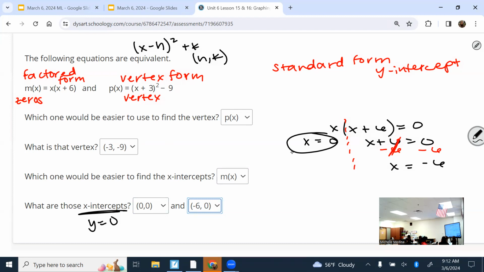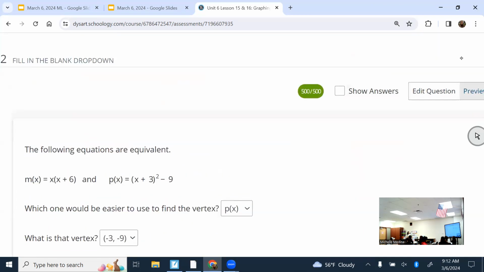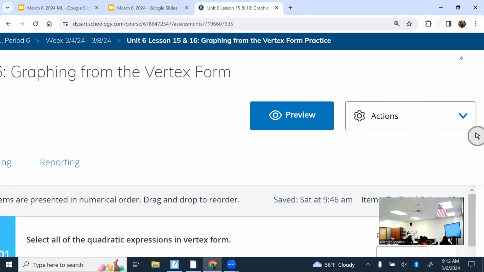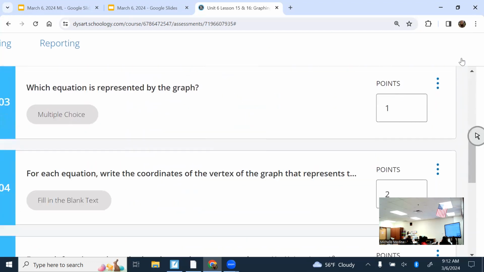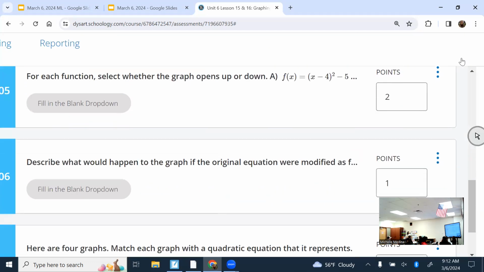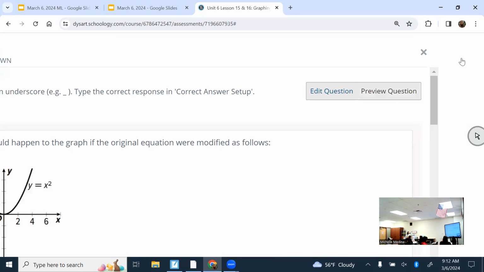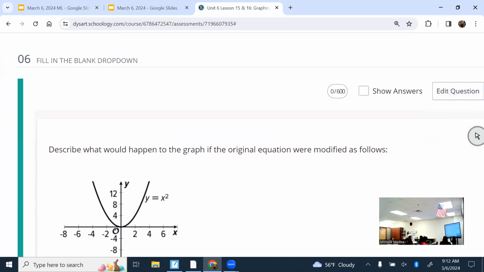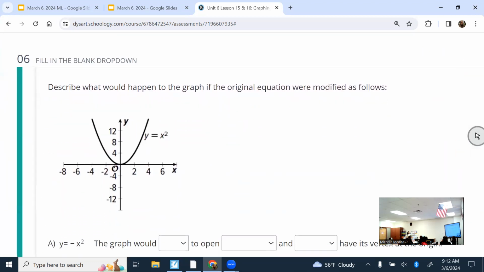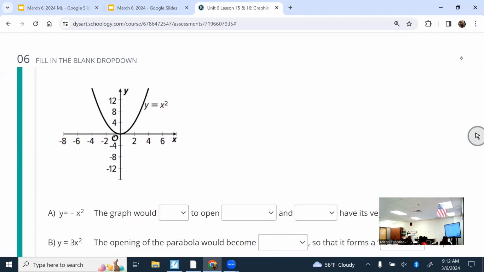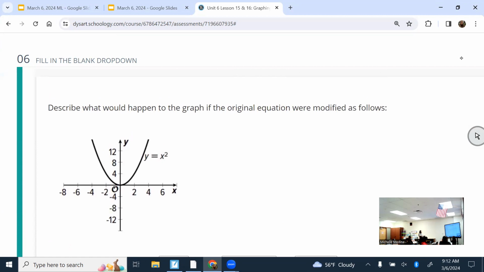Questions on any others? Rita? Sit on today's topic? Does it say describe what would happen? Okay. So describe what would happen if the original equation were modified as follows. And they're telling you the original equation is x squared, our parent function.